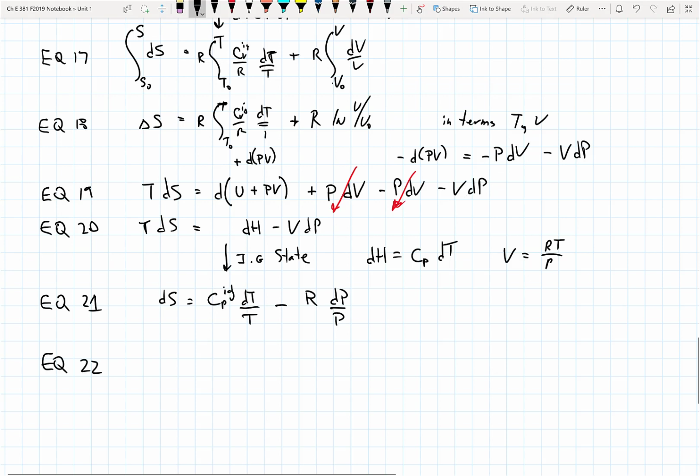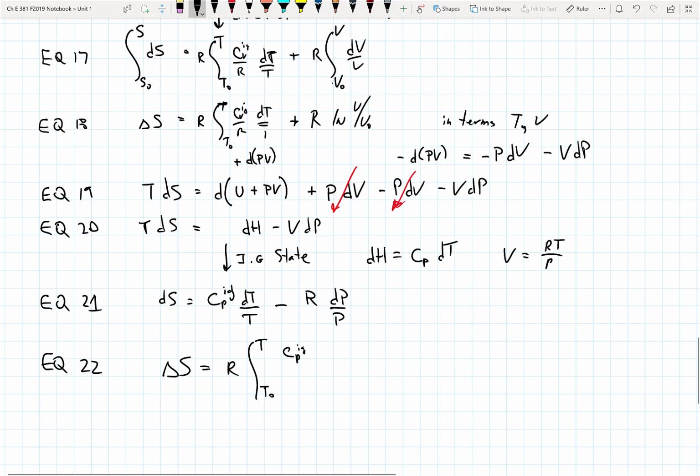So when we do that, I'm going to have delta S, and I'm going to pull out an R and then divide by R because it's Cp over R that appears tabulated, and we can look up in the textbook.